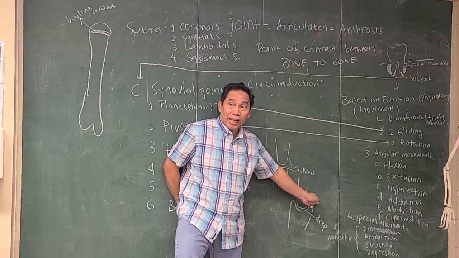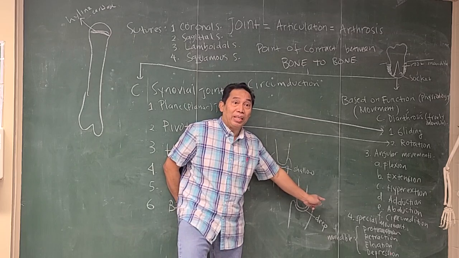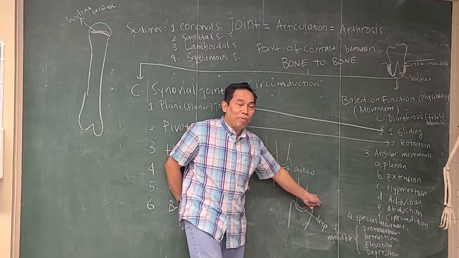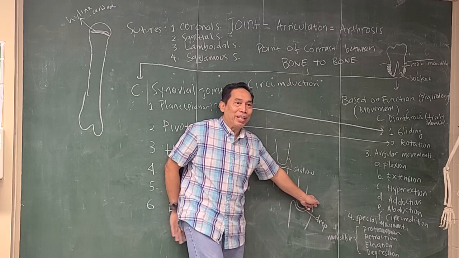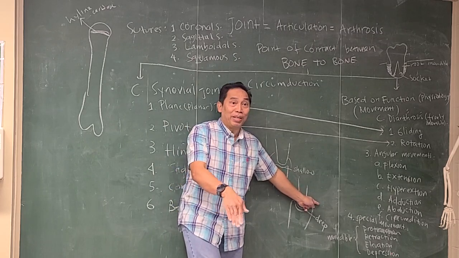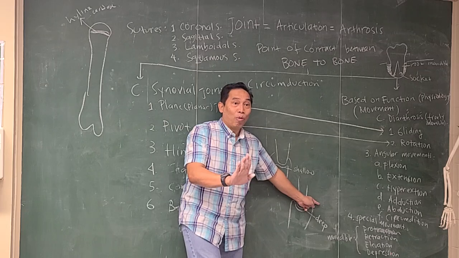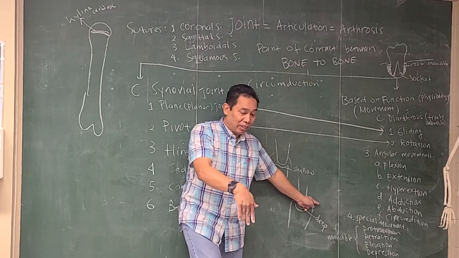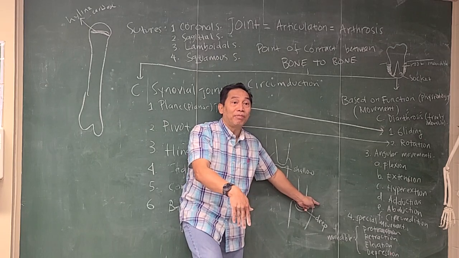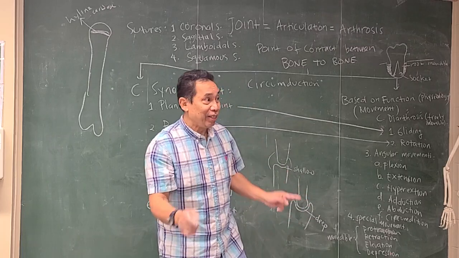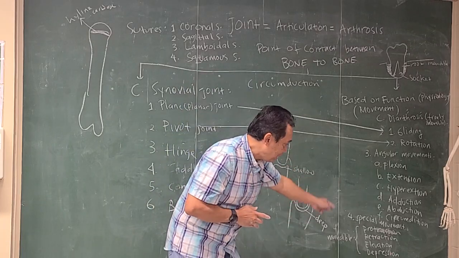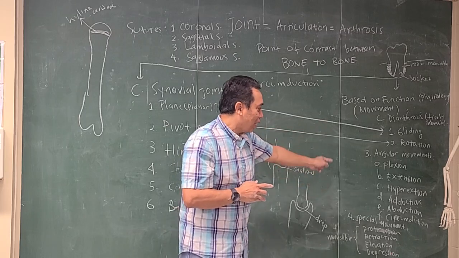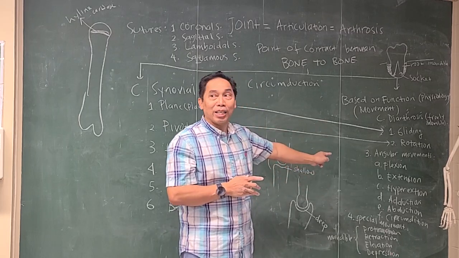When you move it outside, eversion, right? When you move it up, this one is dorsal, it's going to be dorsiflexion. When you move it to the plantar side, it's going to be plantar flexion. You got this one?